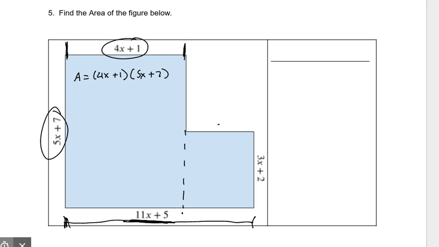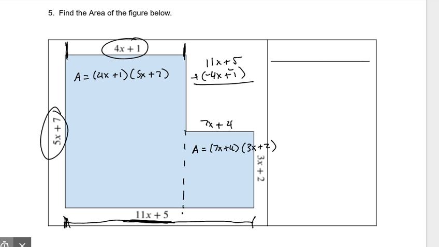So I'm going to have 11x plus 5 and we are subtracting 4x plus 1. Again, subtraction, so we make these negative. So this side's going to be 7x plus 4. So this rectangle is going to end up being the problem 7x plus 4 times 3x plus 2 to find that area.